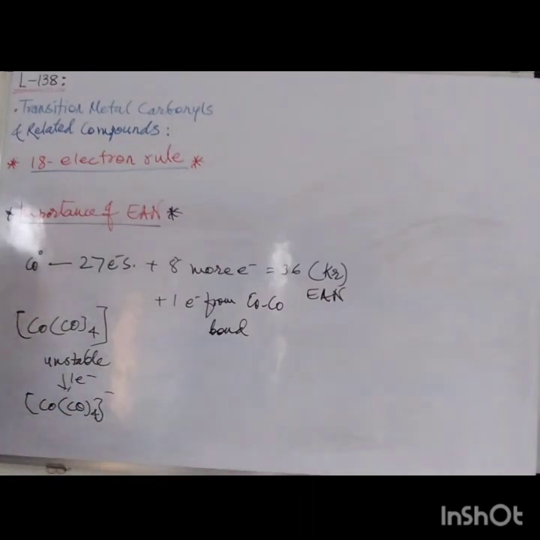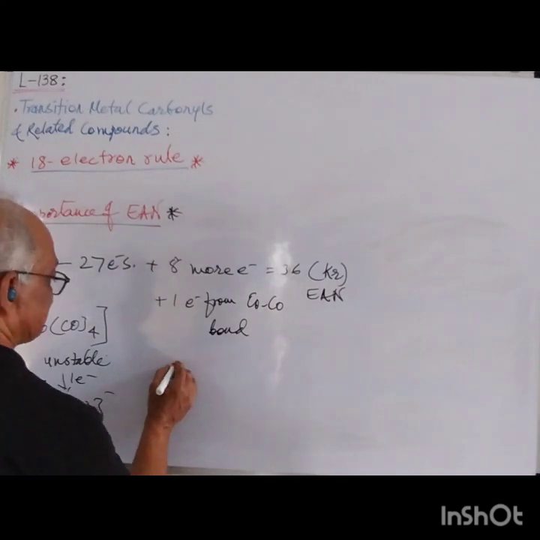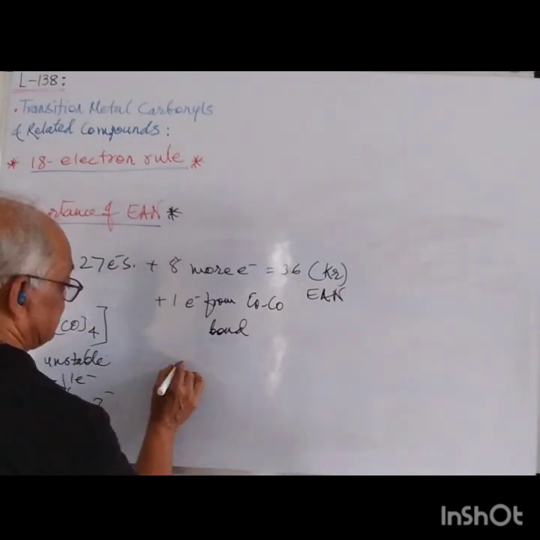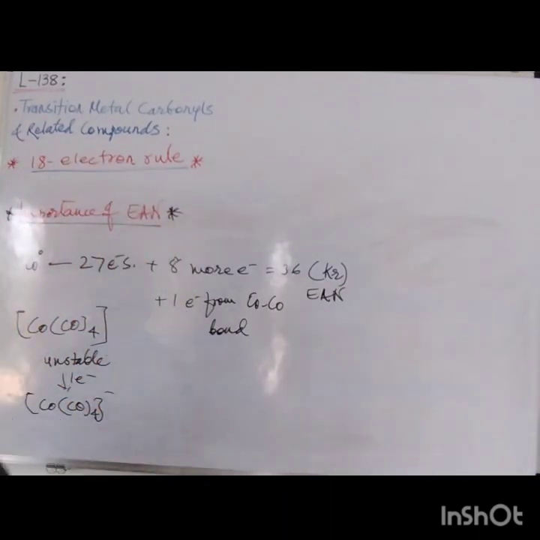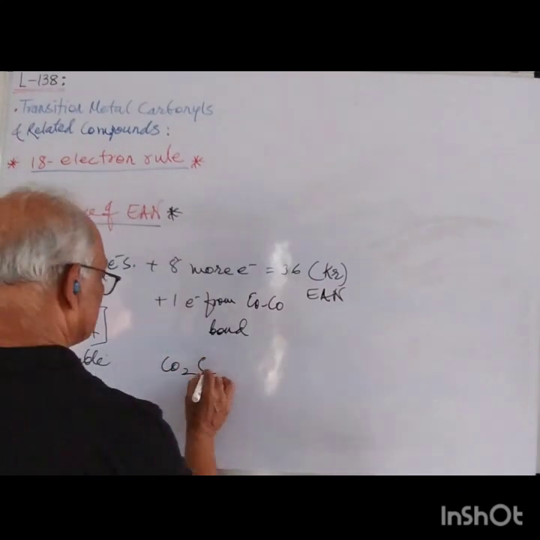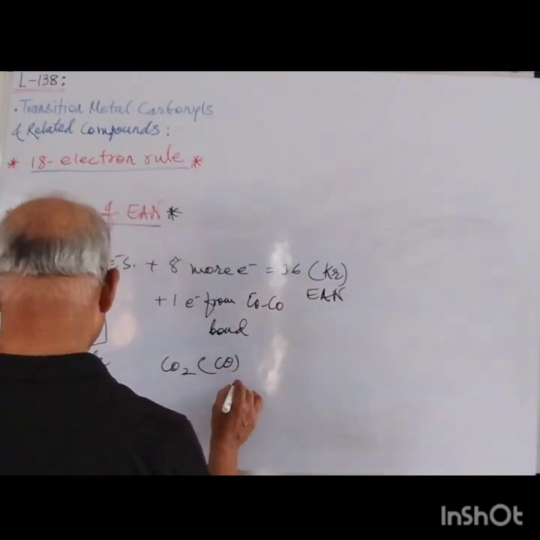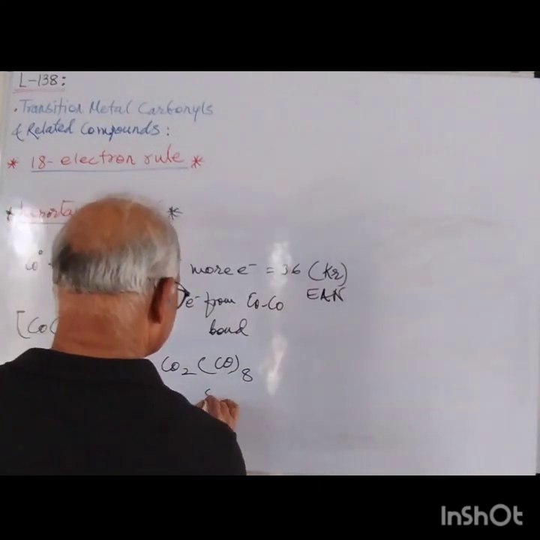So this ion is stable. So this anion is stable, but it can also form a binuclear species, that is Co2(CO)8, and this is stable.